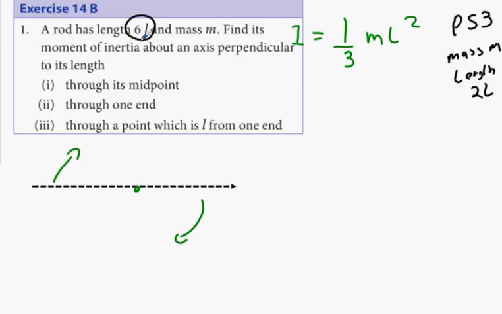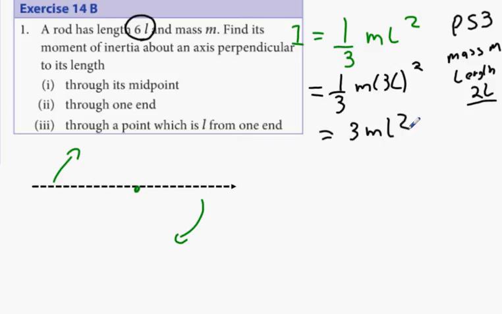What does that mean we should do with our L value? We should 3 times it. 6L is 3 times bigger than 2L. So we're going to 3 times our formula. It's going to be a third M 3L squared.